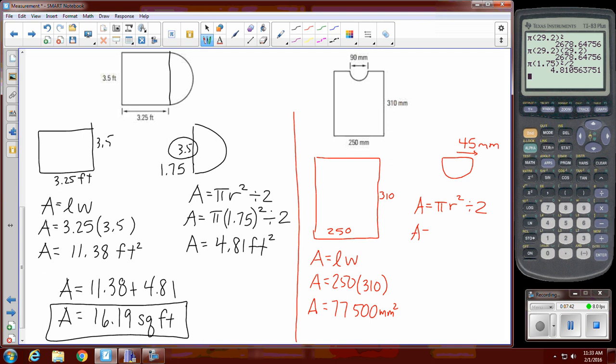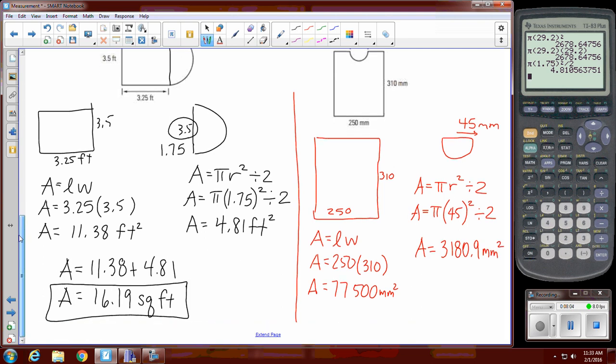So we'll say pi times the radius, which we said was 45, squared, divided by 2. And if we put that in our calculator and did the calculations, we get 3,180.9 square millimeters.